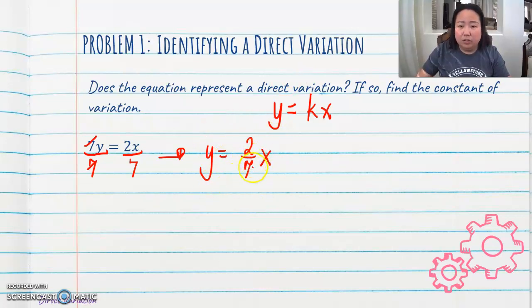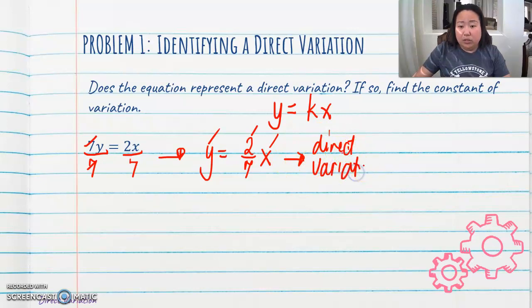So does it follow the pattern? Does it follow the form of our direct variation? You have y is equal to a number. And what number are we pertaining to? It's the 2 over 7, right? So a number, which is our k, and then the variable x. So since this has the same organization, the same pattern as the direct variation, then we can say that this is a direct variation.